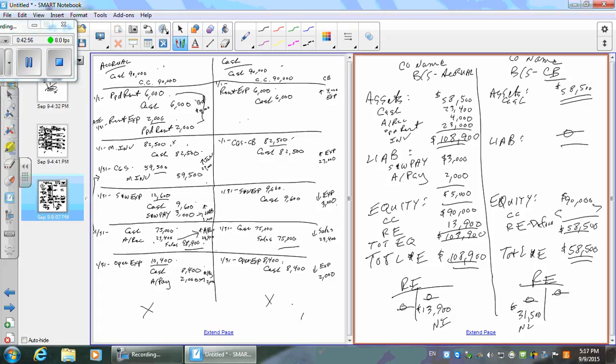True, guys? How much? 31.5. What's 90,000 that they contributed less than 31.5 they lost this year? Is that 58.5? Yes! Perfection.